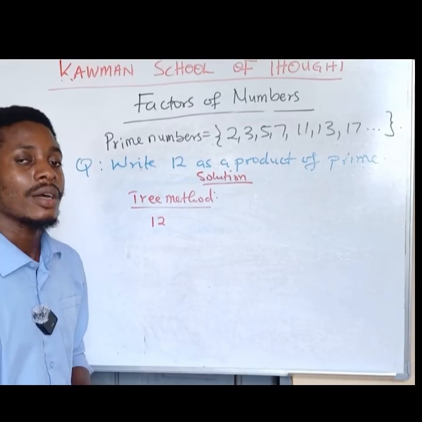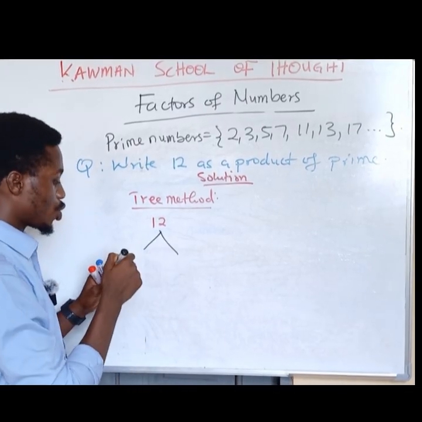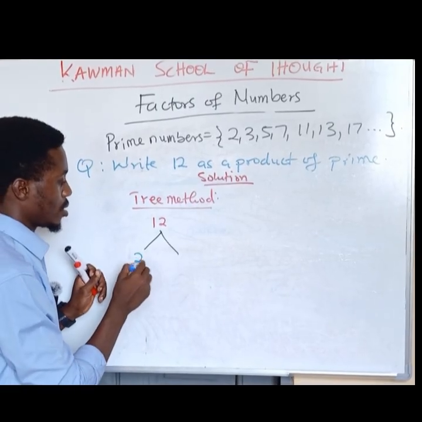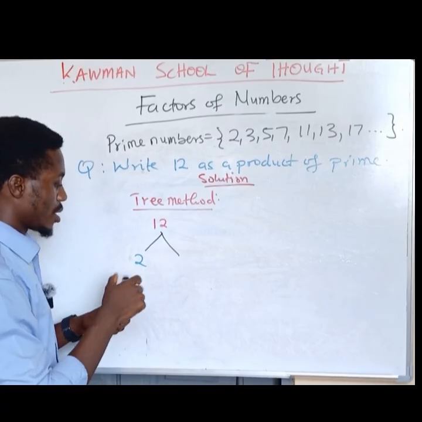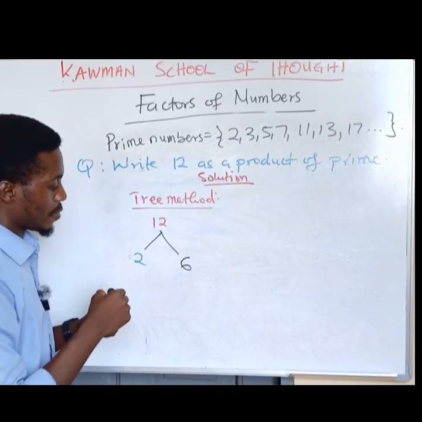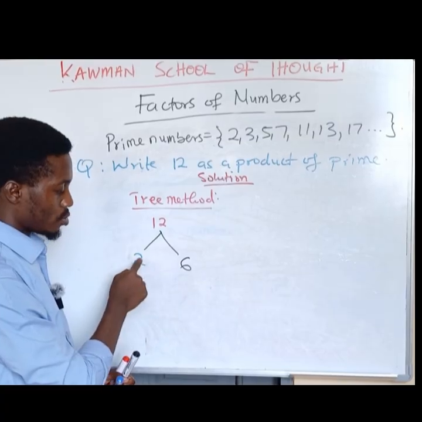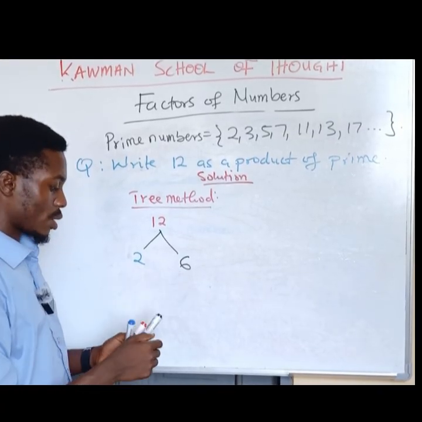Did you say 2? Yeah, you are correct. So we use 2 to divide. 2 divides 12 how many times? 6 times, right? So we write our 6 here. Then we focus on the other number, which is not a prime number. So now our focus is on 6.